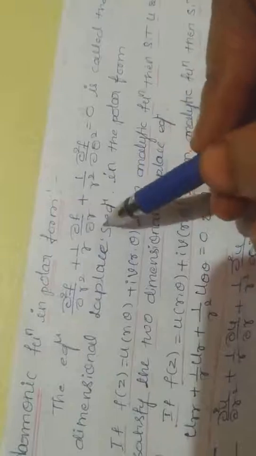This is the two-dimensional Laplace equation in polar form: ∂²f/∂r² + (1/r) ∂f/∂r + (1/r²) ∂²f/∂θ² = 0. When a function satisfies this equation, we can say that it is a harmonic function in polar form.